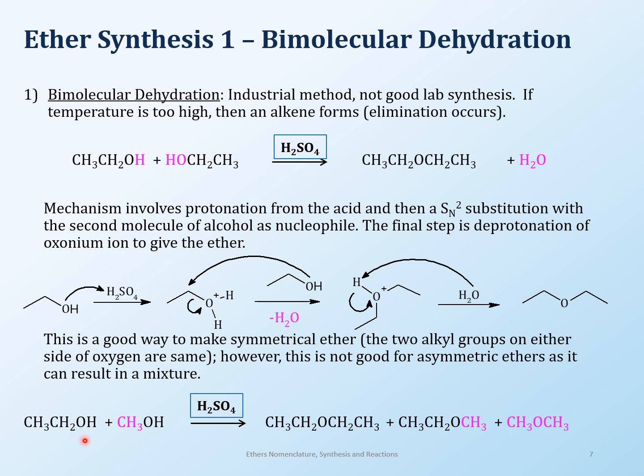Okay, so if you take ethanol and methanol to make ethyl methyl ether, then you can get all sorts of mixtures in here. Okay, and so it's not a good idea. But if you want to make something symmetric, then yeah, sure. Okay, not a problem at all. Or something cyclic also, okay, would be totally fine with this. So you have to choose your synthesis according to its flaws, and what you want to make.